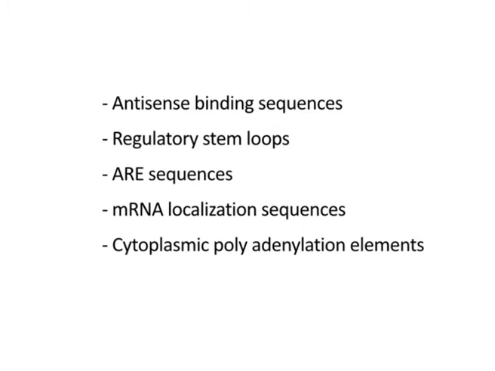Some of the mRNA contains internal ribosome entry elements called IREs. Next, the 3' untranslated region contains many sequence elements such as antisense binding sequences, regulatory stem loops, ARE sequences, mRNA localization sequences, and cytoplasmic polyadenylation elements.